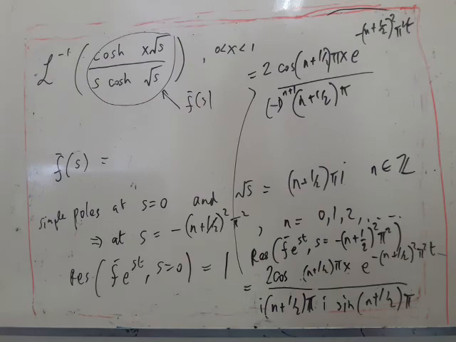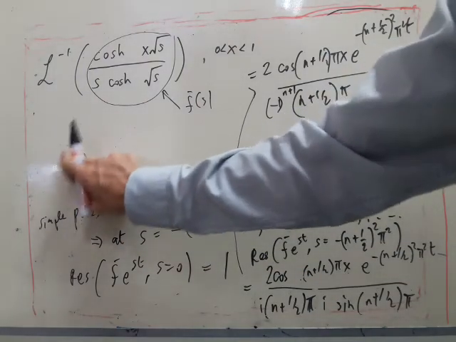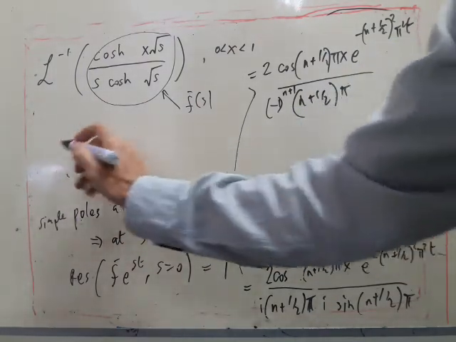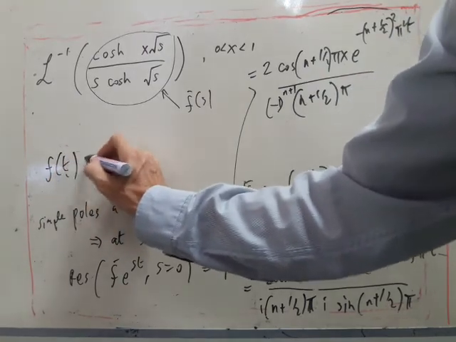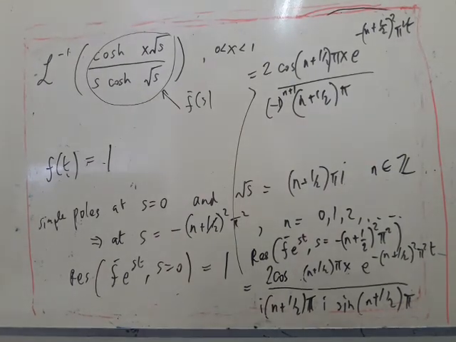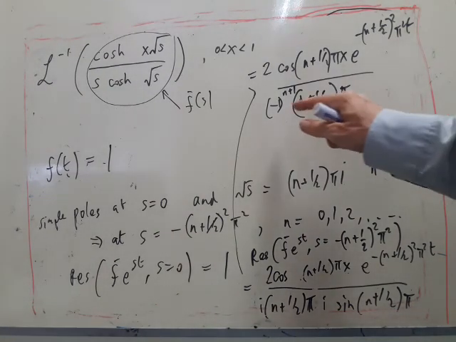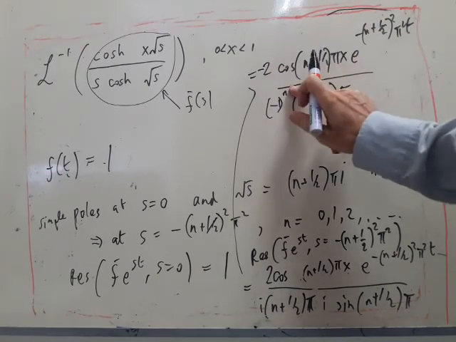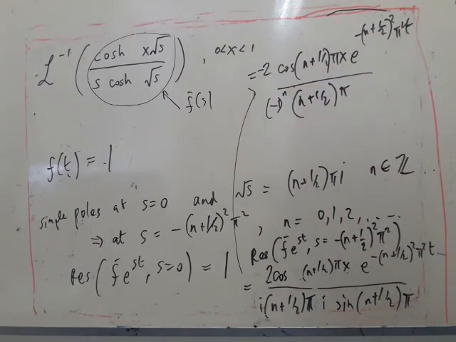So we end up with f of t is equal to the residue at 0, 1. And there's different ways we can write this. I think I might just leave this as a minus sign and leave this as the power n here.